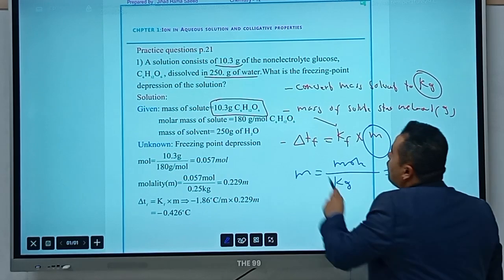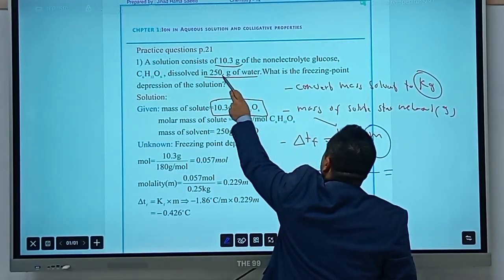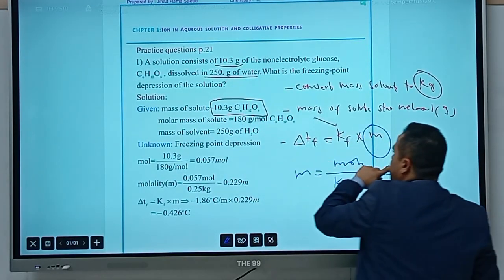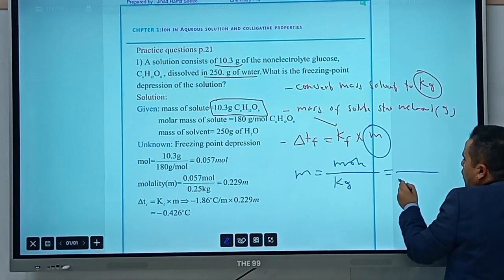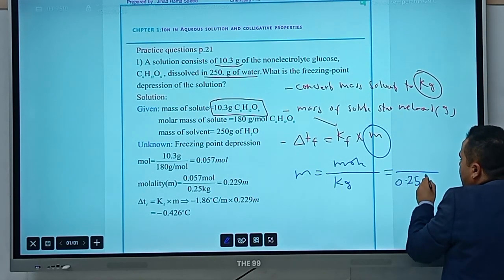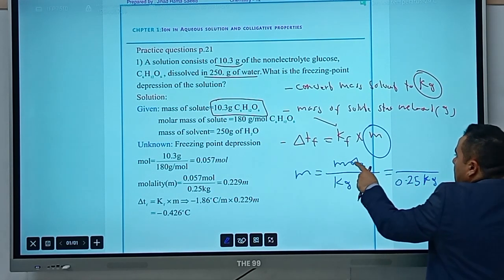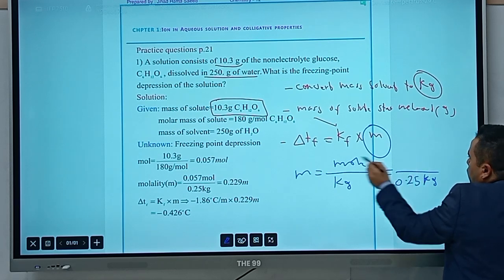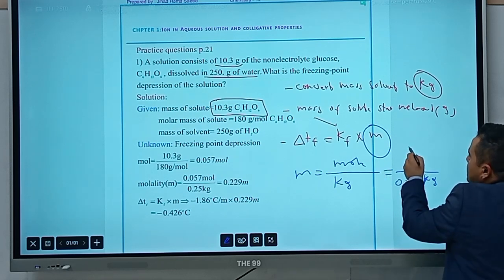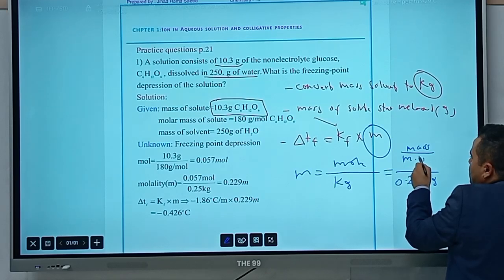The mass of solvent is given as 250 grams, which should be 0.25 kilograms. And instead of moles, we can use the mass per molar mass.